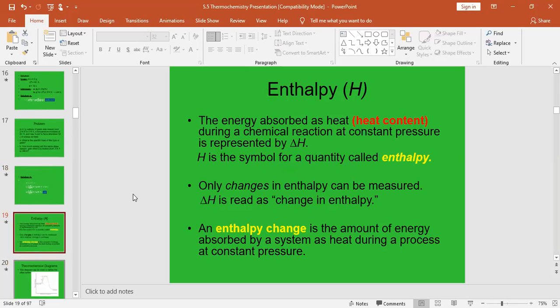So let's move to the enthalpy or the heat content. Margaret, I'm afraid.